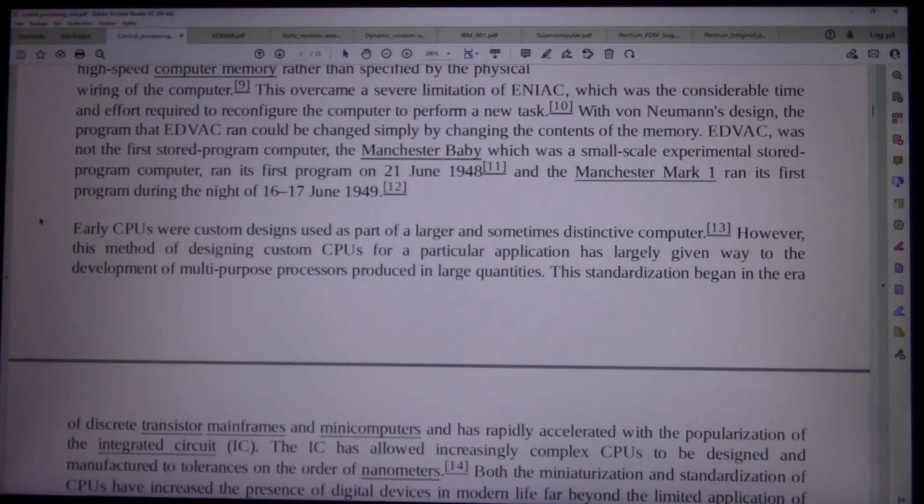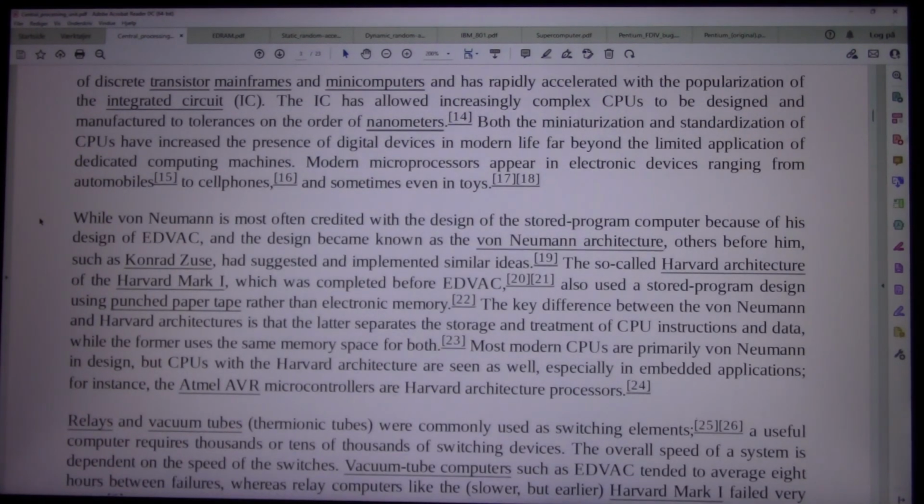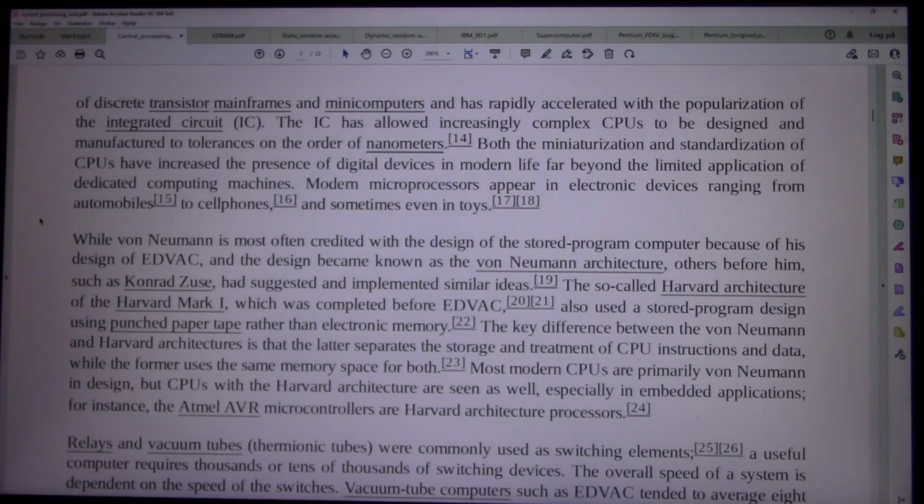This standardization began in the era of discrete transistor mainframes and minicomputers and has rapidly accelerated with the popularization of the integrated circuit, IC. The IC has allowed increasingly complex CPUs to be designed and manufactured to tolerances on the order of nanometers.